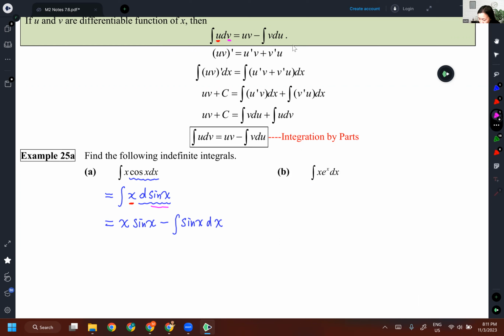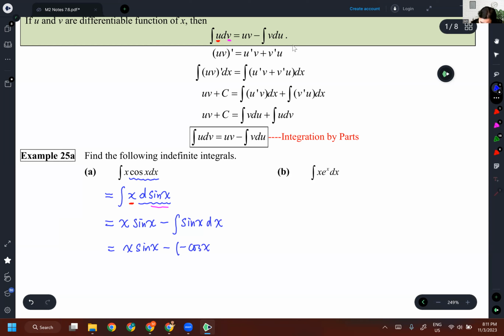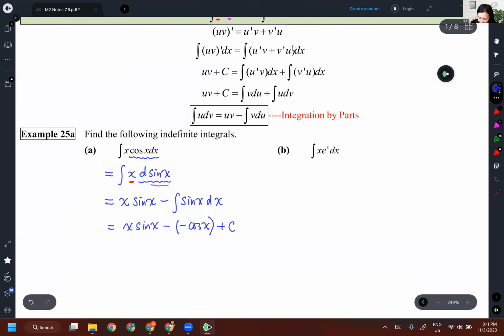Now x becomes dx instead of d sine x, and sine x is outside. Because this time the integral is not a mixture anymore, you can integrate immediately. And then you simplify.